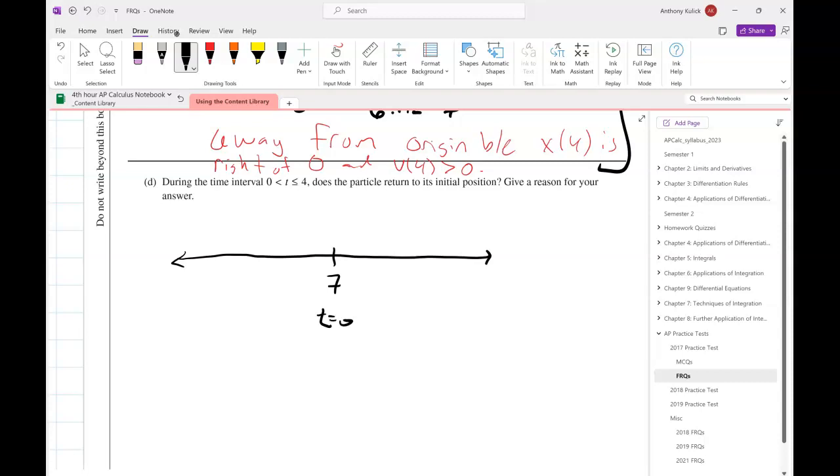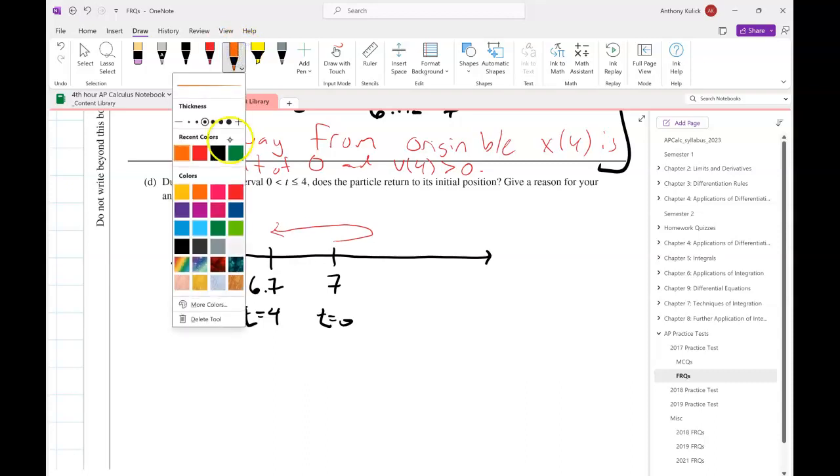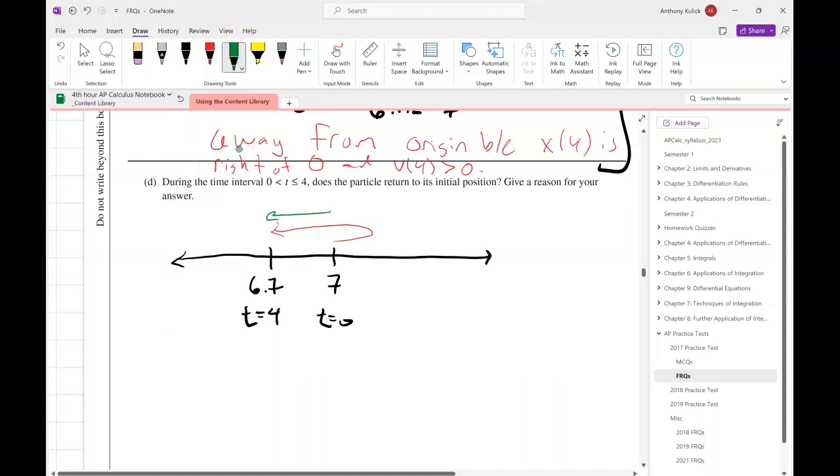So at t equals 0, we're at 7. At t equals 4, we're at 6.7. So if we did this, the answer is yes. If we did this, the answer would be no.